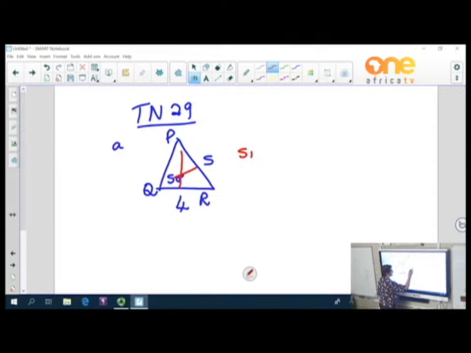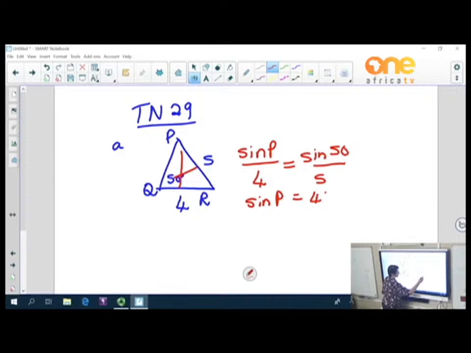So sine P over, which one is opposite that one? 4 is equal to sine 50 degrees over 5. So sine P is equal to 4 times sine 50 divide by 5. So you will see every time I write P, I don't stick to sine P because then it's mathematically not correct.